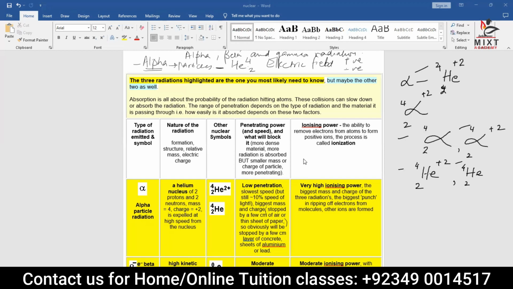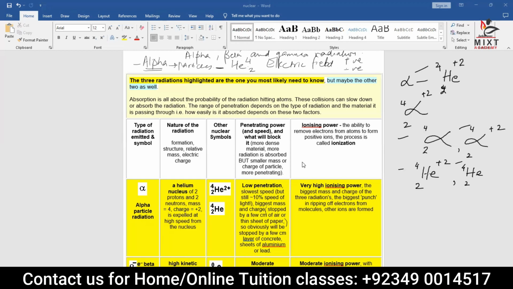The electrons will be removed and they become ions. So basically, ionizing power means that somebody has a power to actually knock out or remove the electrons from some nucleus. And when they remove the electrons from that nucleus, it will be converted into ions. That's what the ionizing power is.